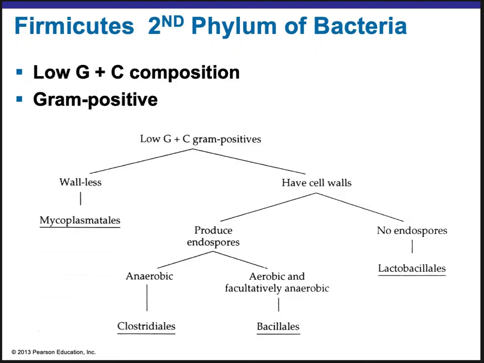Okay, so now we're going to look at the Firmicutes. These are gram-positive. When we say low GC, remember we're talking about DNA. Remember the base pairs of DNA, A, T, C, G. And so this group of gram-positive bacteria have more A, T base pairs in their DNA and fewer GC.